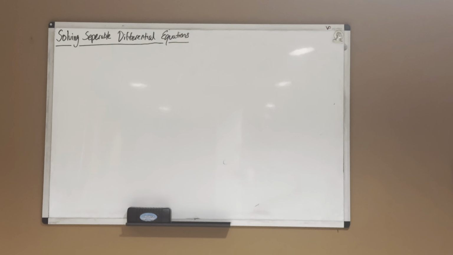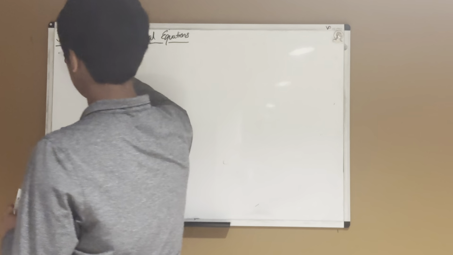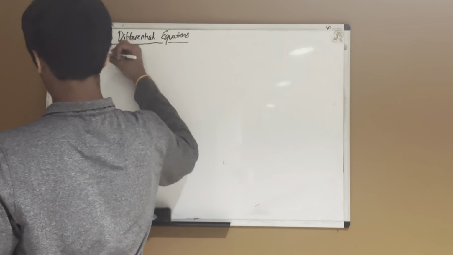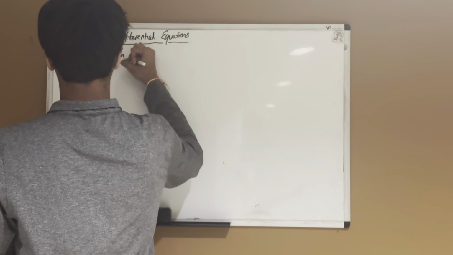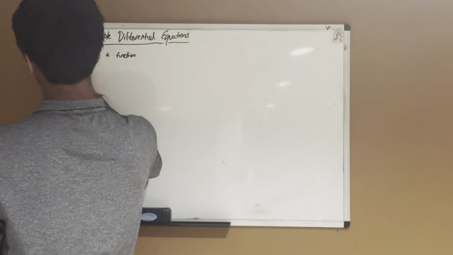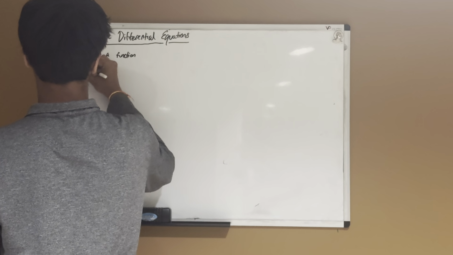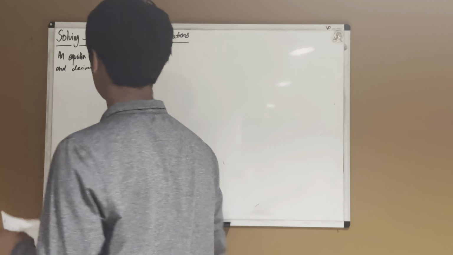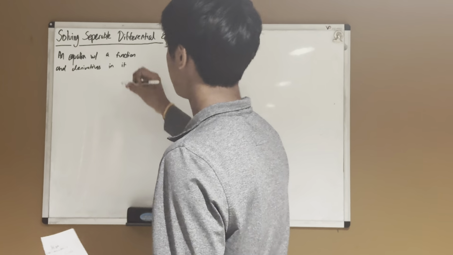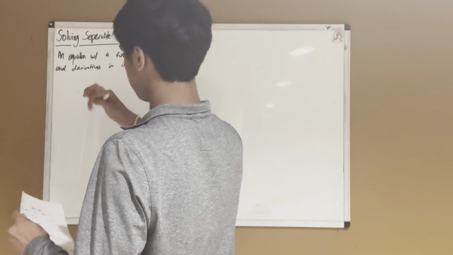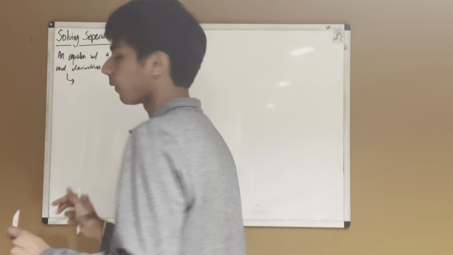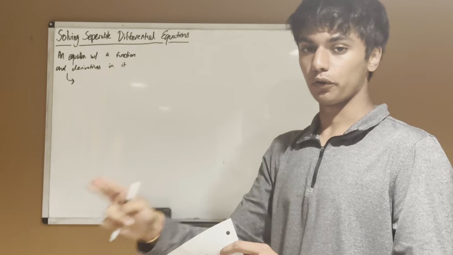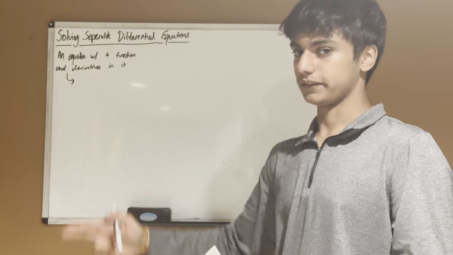So as a reminder, a differential equation is an equation with a function and derivatives in it. A separable differential equation is a differential equation where you can separate all the variables and their differentials on one side and all the variables and their differentials on the other side.